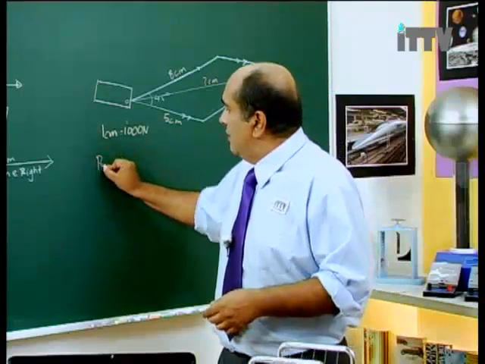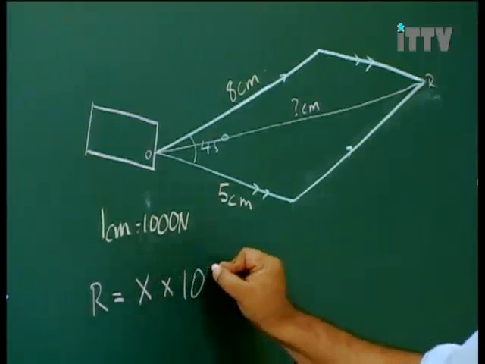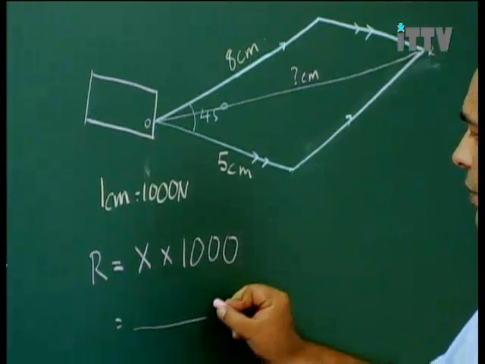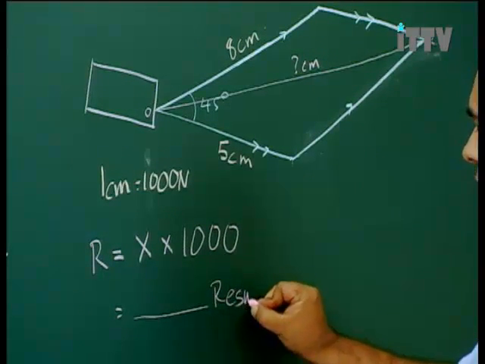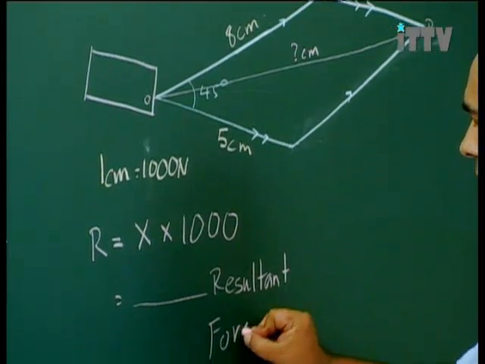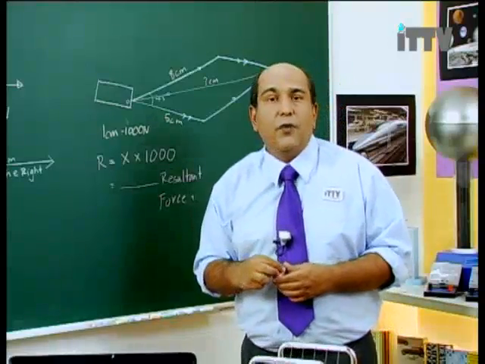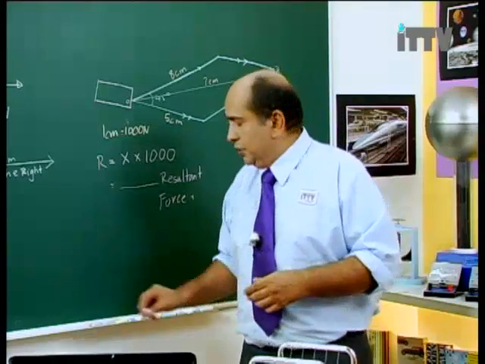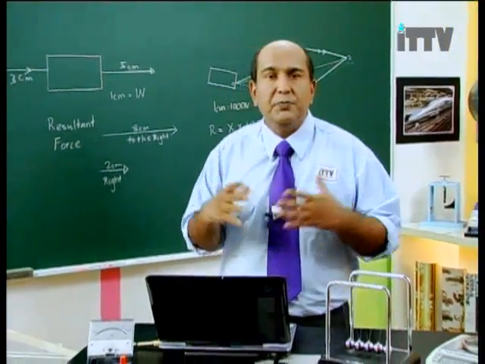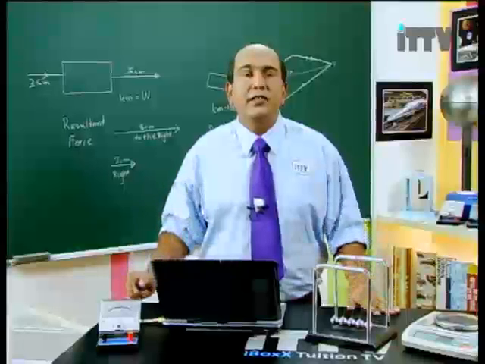So R equals X times 1,000, which will give you your resultant force, and we can easily work out the direction from the diagram. So we have our vector quantity. Our resultant force has been worked out. We know its magnitude and we know its direction.